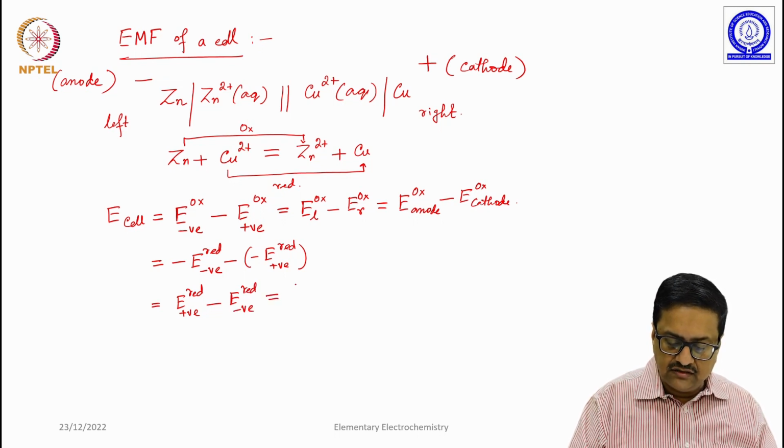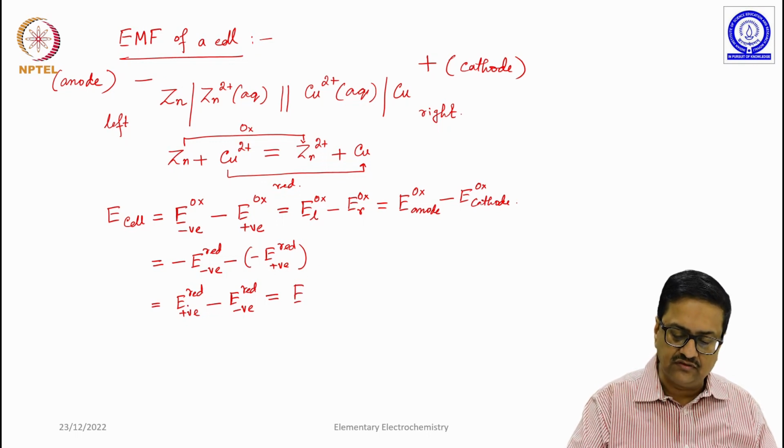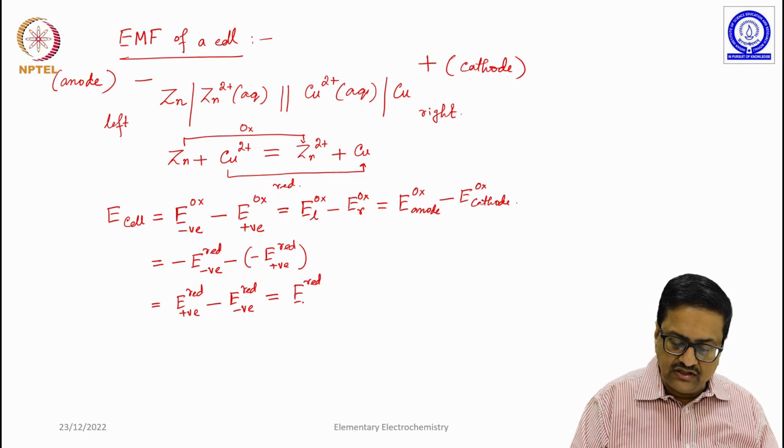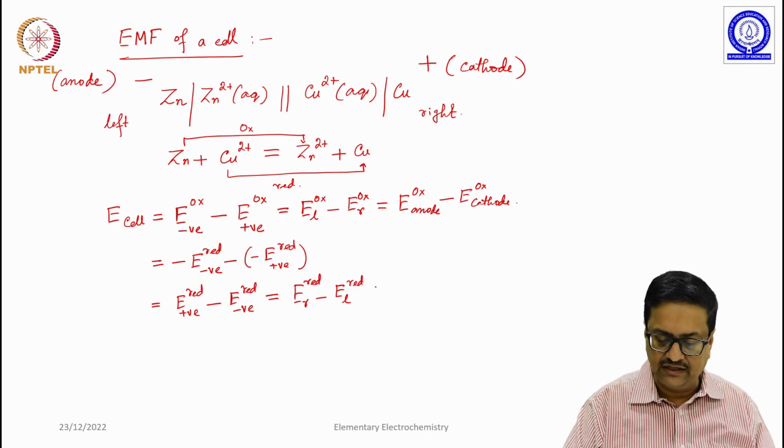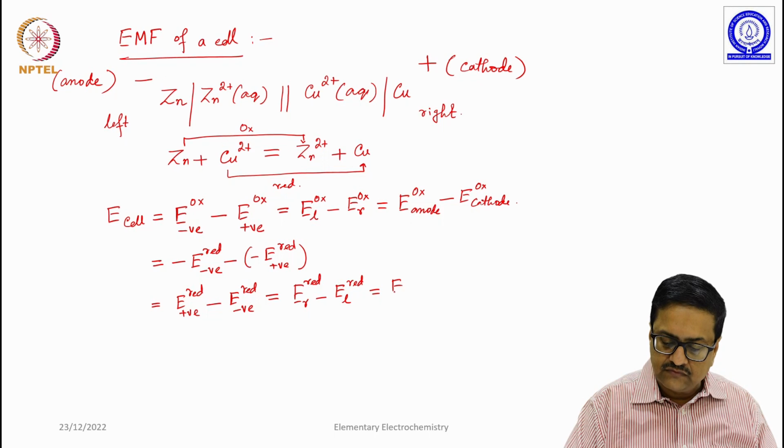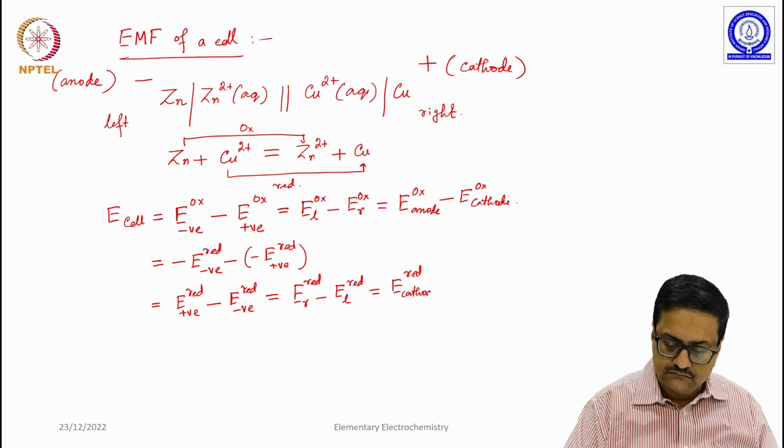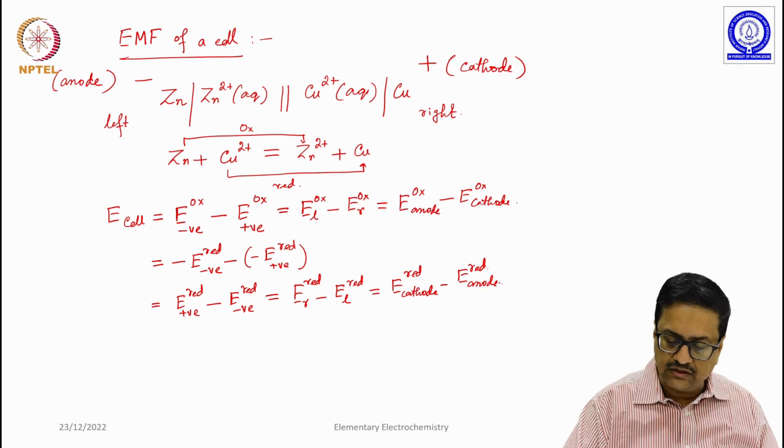With the positive electrode on the right hand side, in the reduction direction it is E right minus E left, or E reduction cathode minus E reduction anode.